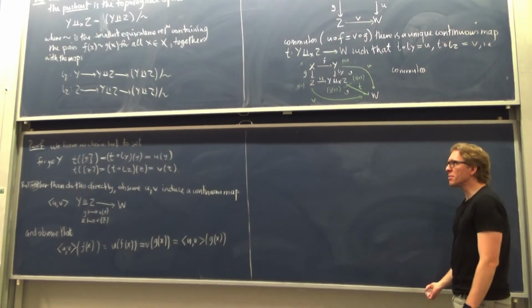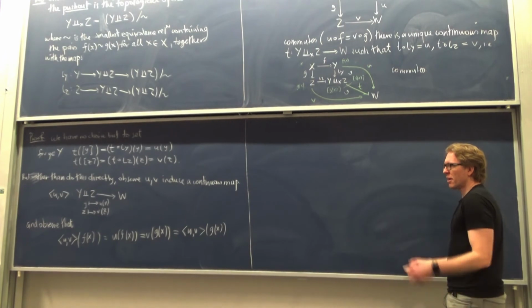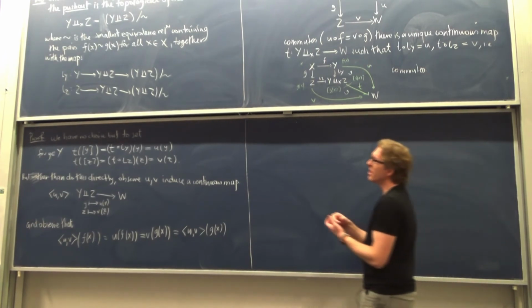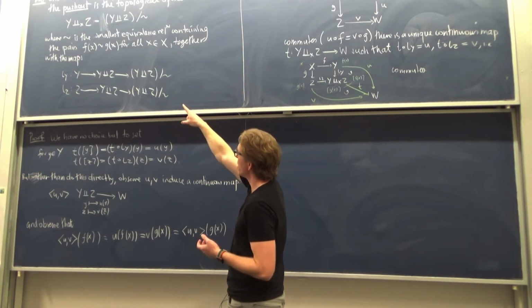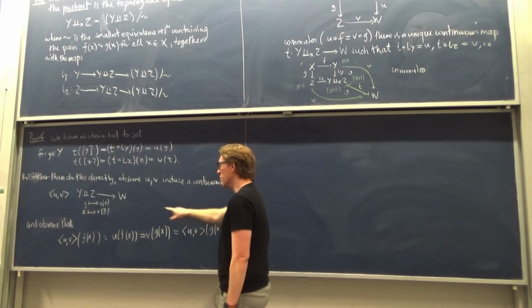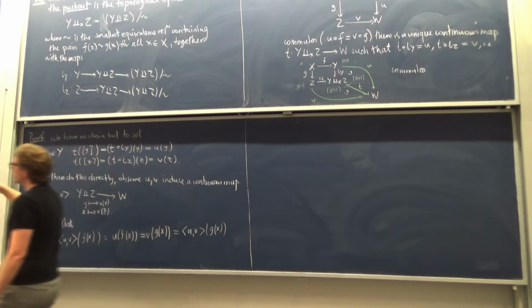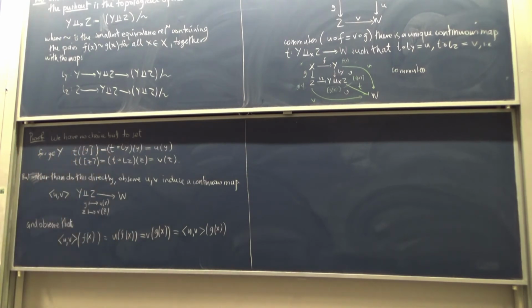So I've got a continuous map which at least sends the generating pairs of my equivalence relation to the same element of W. But as we just discussed, the set of all pairs which are going to the same element is an equivalence relation. So if it contains the generating pairs, then it must contain the entire equivalence relation.